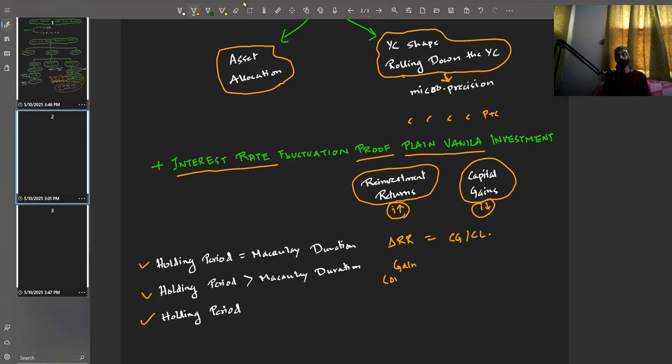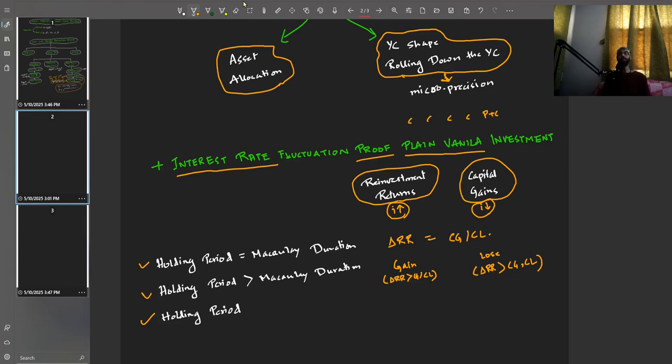Because in this case, the reinvestment return impact on your portfolio is greater than the impact of capital gains or capital losses. On the other hand, if interest rates fall, you lose. Same reason, because your reinvestment returns are more impactful to your portfolio than the capital gains or capital losses. In this case, you will be having capital gains, but that capital gain will be more than overshadowed by the reduction in your reinvestment returns, right?